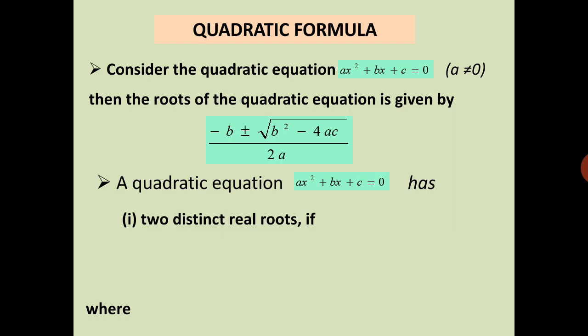The first one, two distinct real roots. Two roots are there if b square minus 4ac is greater than 0.